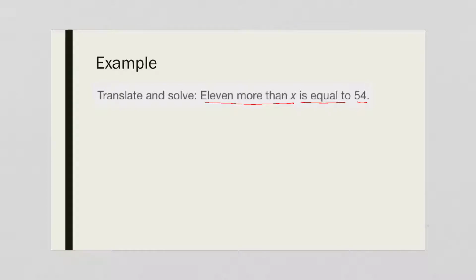Okay, so here's our equal sign right here. 11 more than x looks like that, and then you've got 54 on the right. So our equation can be written either as this, or you can write it like this. Okay? So that's step one.